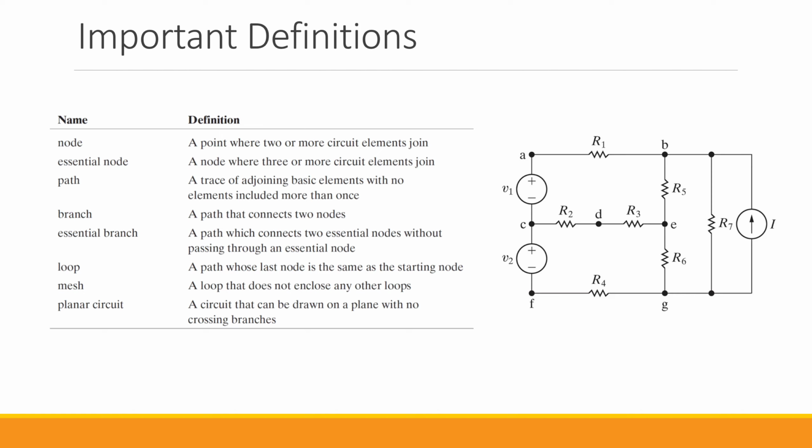So the first definition that we have already seen before is the definition of a node. A node is a point in the circuit where two or more circuit elements join.